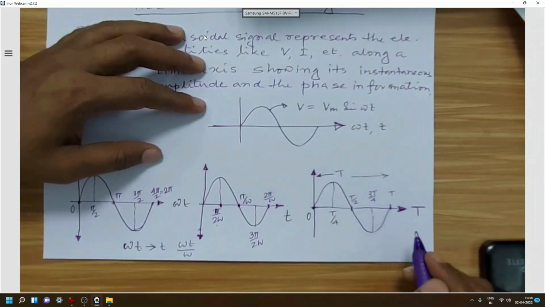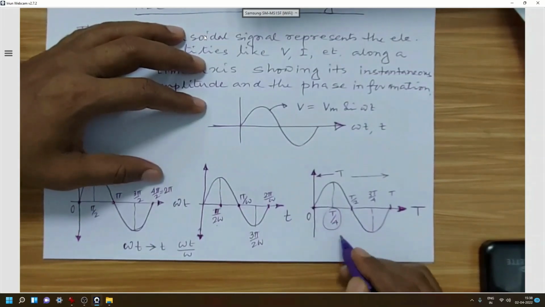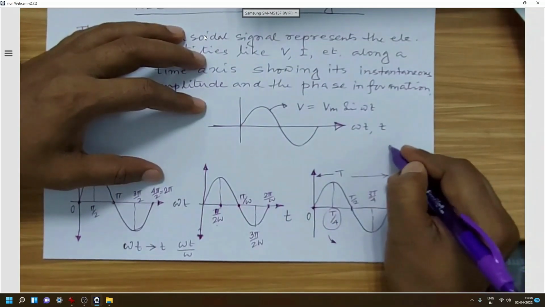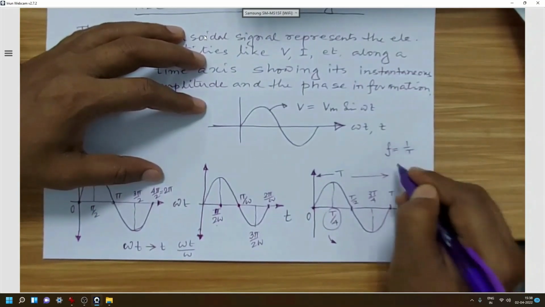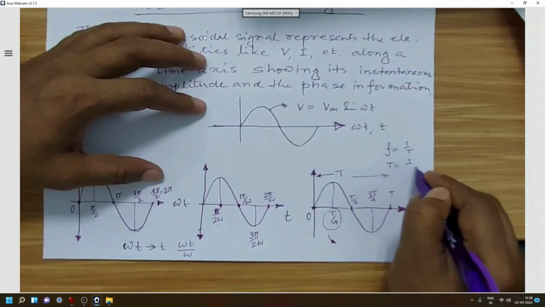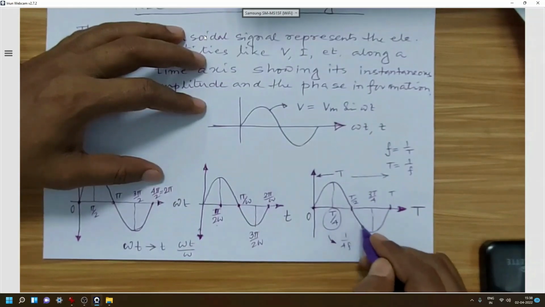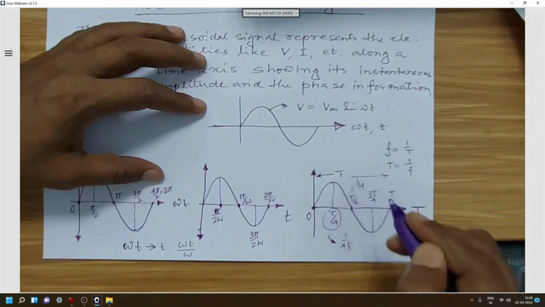Now if we want to convert these points in terms of frequency, we can again use the formula f equal to 1 by T or T equal to 1 by f. So if we convert, then it will become 1 by 4f. This will be 1 by 2f.